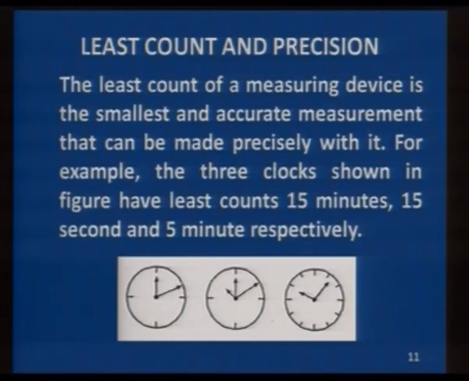In the next, we have a second hand, and again we have 2 marks 15 seconds apart. That is why its least count is 15 seconds. In the next clock, the 2 marks are 5 minutes apart, and the hand which is available to measure the smallest time is the minute hand. So, the least count of this clock is 5 minutes.